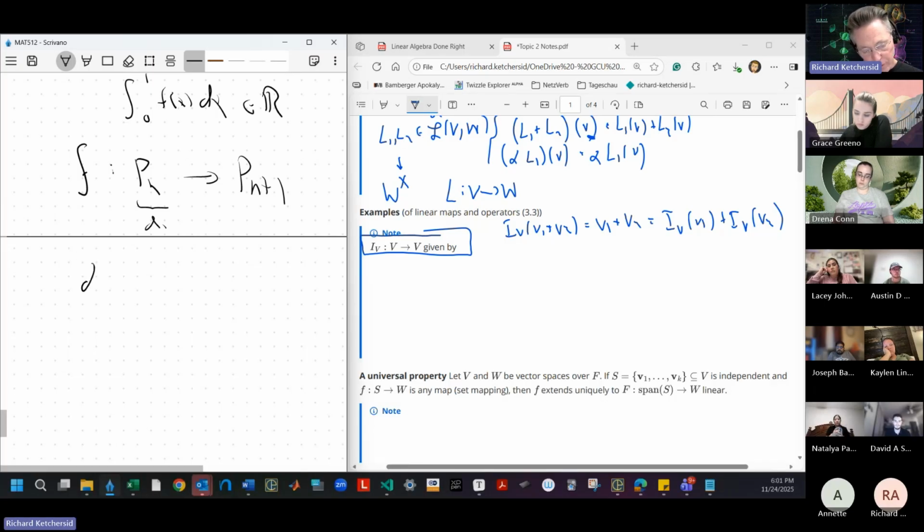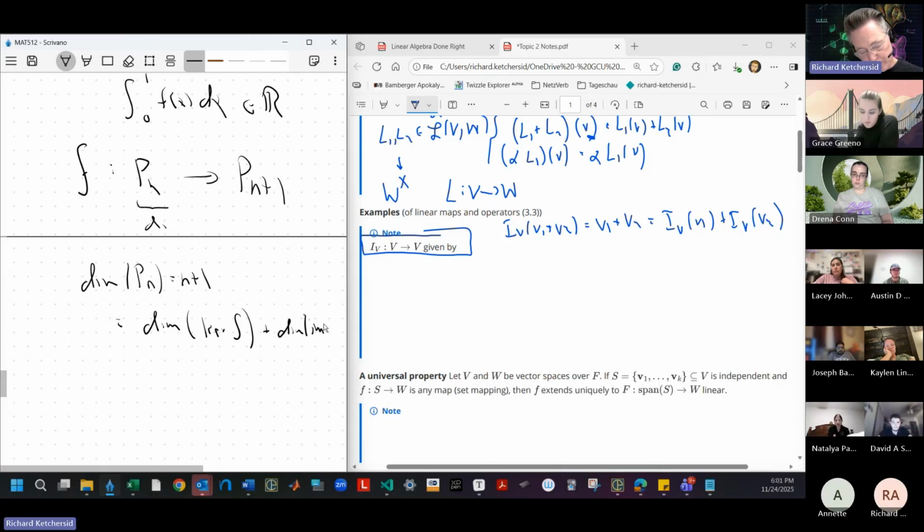What do I have? I have the dimension of Pn, which is n plus 1, is going to be equal to the dimension of the kernel of the integral, plus the dimension of the image over here in Pn plus 1, the image of the integral function.